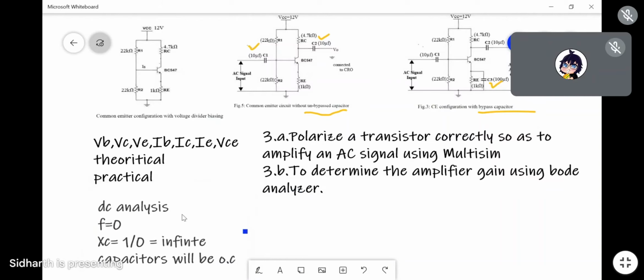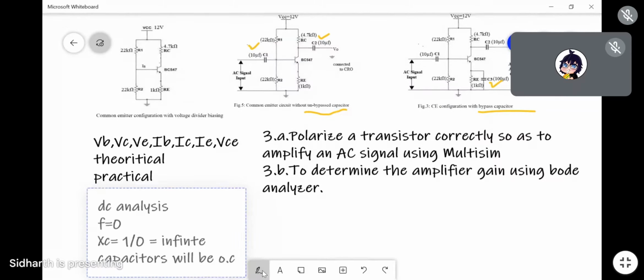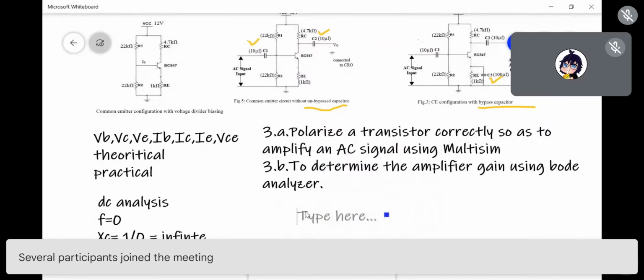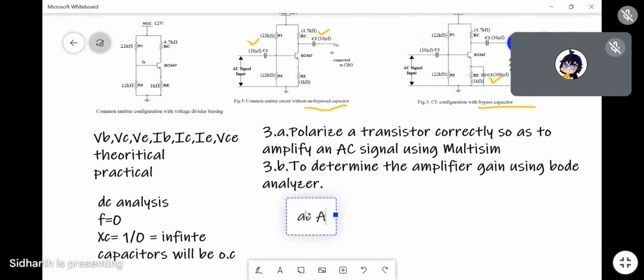But what will happen in AC analysis? In AC analysis the frequency cannot be zero. That means there must be some frequency, right? So F cannot be zero. We have the XC formula: 1 by 2 pi F C, right?